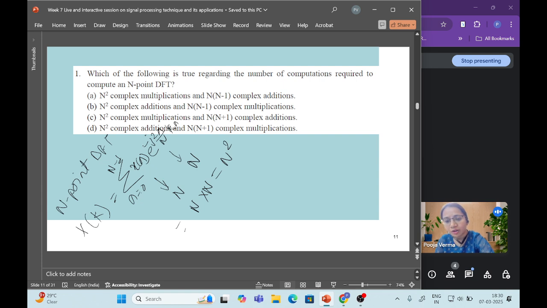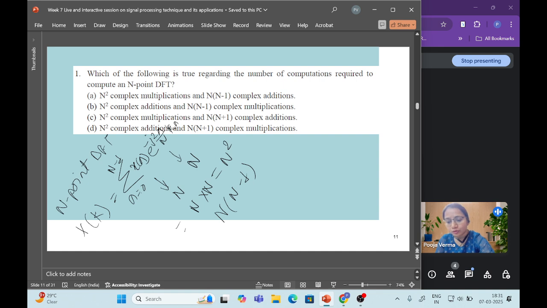Similarly, after multiplication, how many sums are there? First multiply, then add, multiply till N minus 1. So N into N minus 1 complex additions are required.